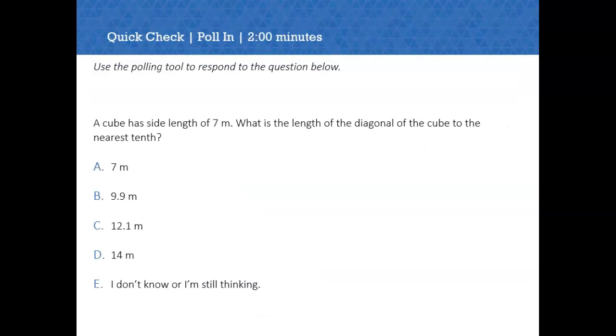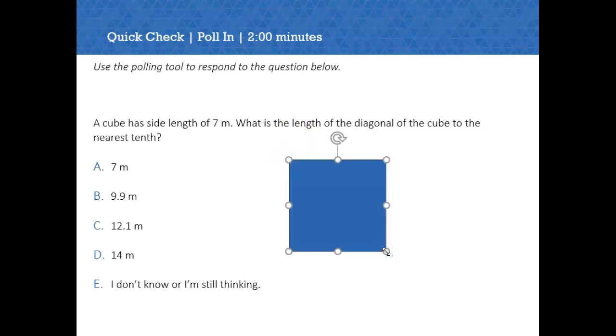A cube has a side length of 7 meters. What is the length of the diagonal of the cube to the nearest tenth? So if we had a cube, the diagonal, doesn't matter which diagonal, they're the same length, goes across from the vertex here.